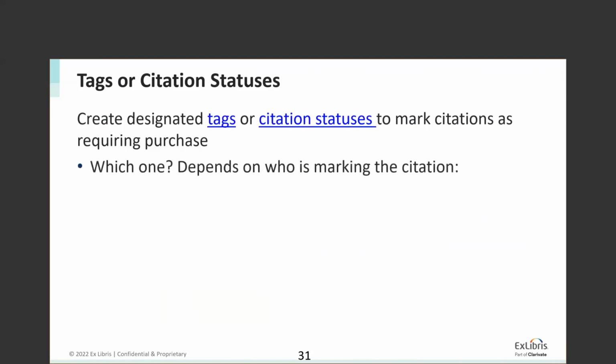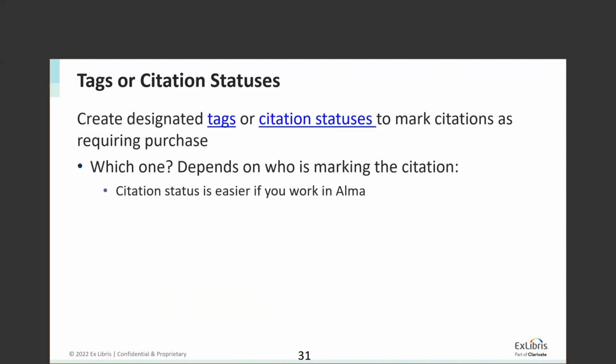Which one you should use depends on who is the person in your institution who's actually marking that citation and when the work is happening, because it is easier to change the citation status if you're working in Alma. You can check the checkbox for many citations at once and then change the citation status.